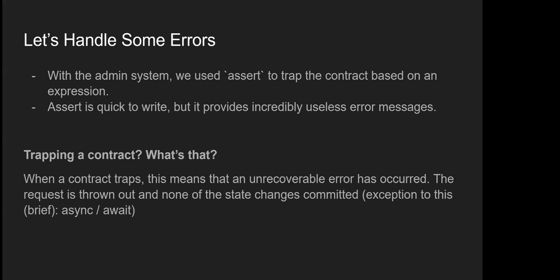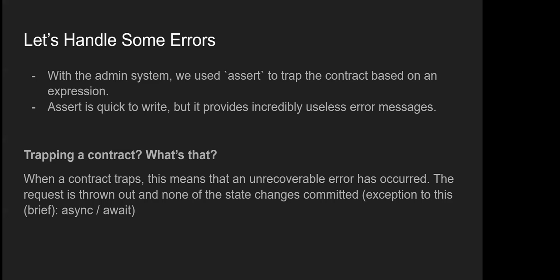So a note on trapping a contract. When a contract traps, it means it's entered an unrecoverable state, and the entire request that was passed to the canister will be thrown out, and none of the state changes that have occurred within the call will be committed to the canister's state.